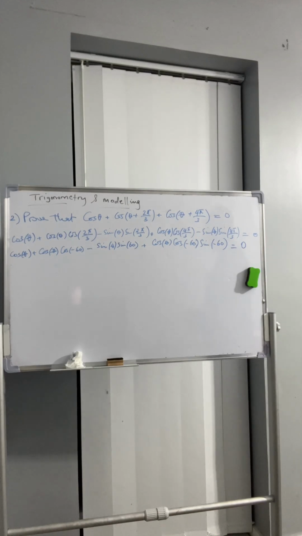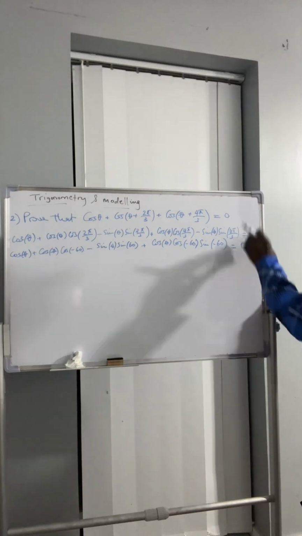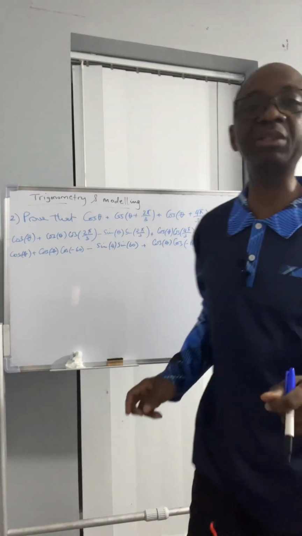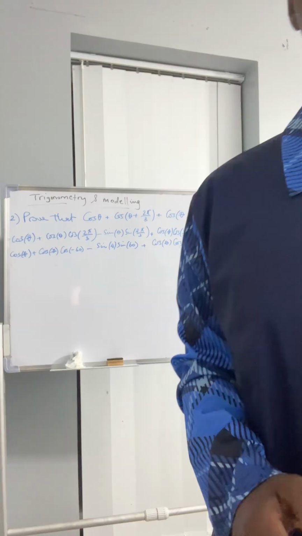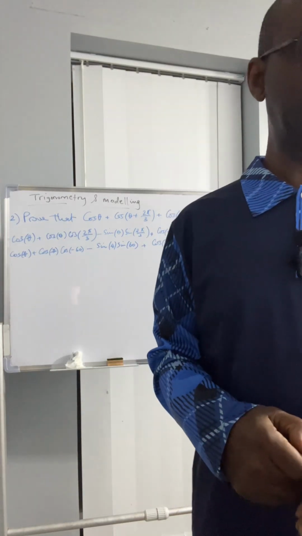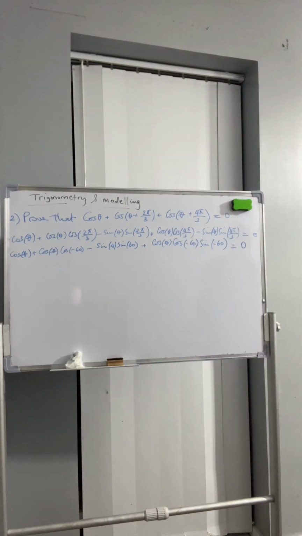If you don't know how to find them, I told you before, I don't want to make this video too long. We know sin 60 is root 3 all over 2, and cos 60 is half.